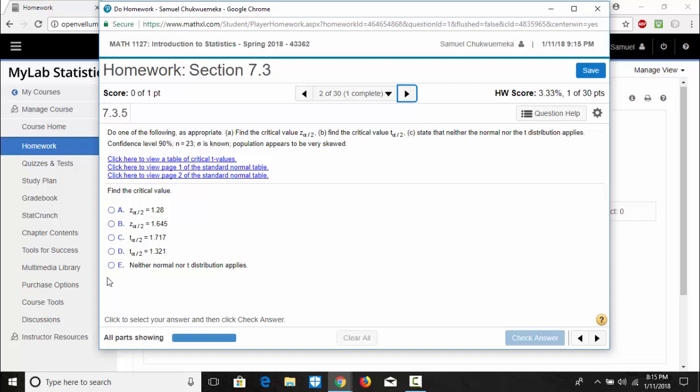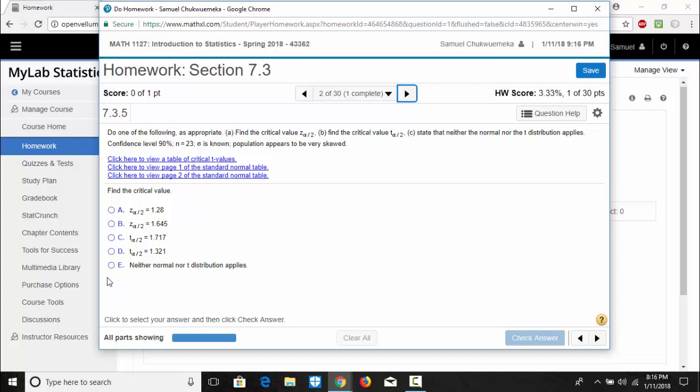For both the critical Z and critical T, the population has to be normally distributed, or the sample size should be greater than 30. Either of these conditions. I repeat, the population should be normally distributed, or the sample size should be greater than 30. Then you can calculate the critical Z or the critical T.